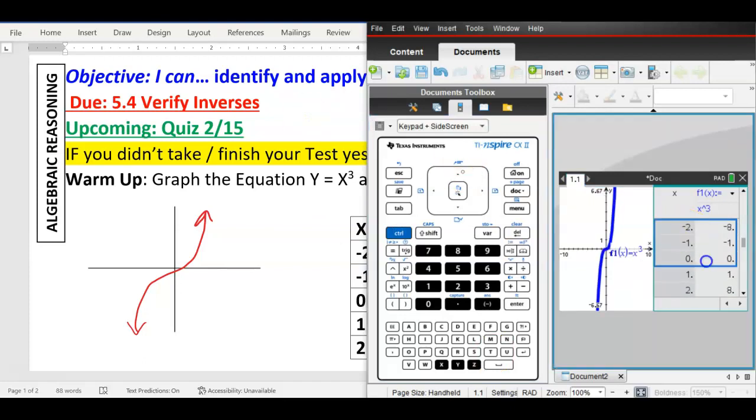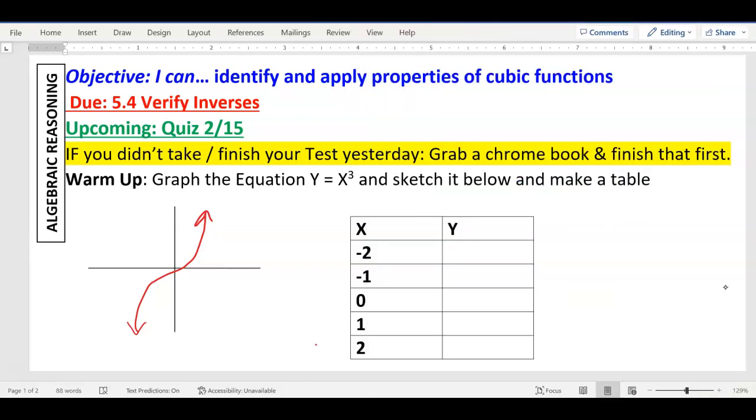We're going to write these points down: -2, -8; -1, -1; 0, 0; 1, 1; and 2, 8. Make sure you have that written down for your warm up. We're going to do some notes on cubic here in a second.